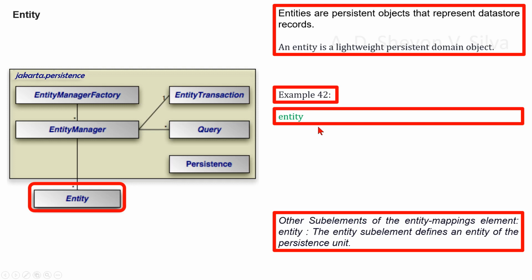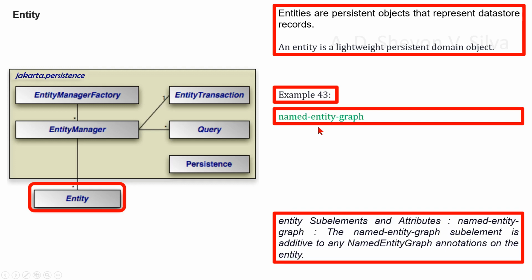The entity sub-elements and attributes of the entity element override. The named-entity-graph sub-element is additive to any NamedEntityGraph annotation on the entity. It overrides any entity graph annotation with the same name.